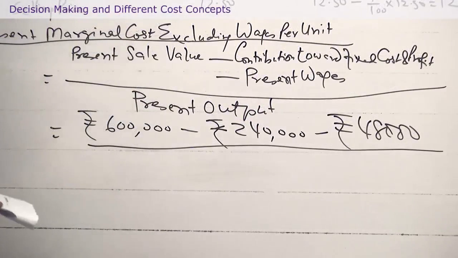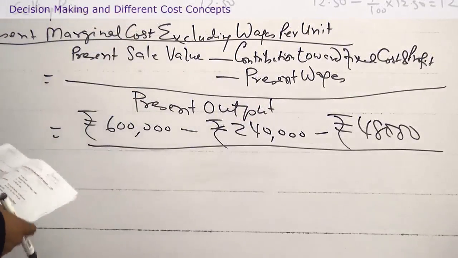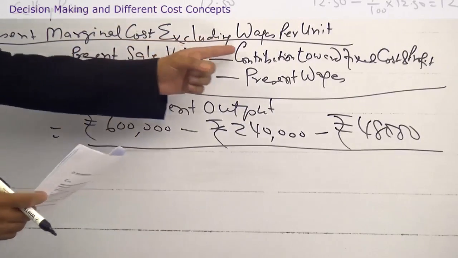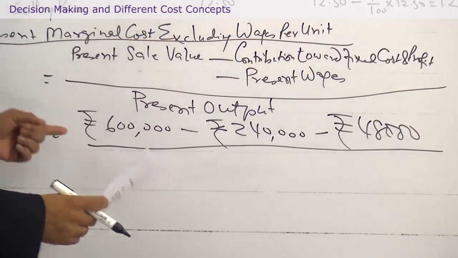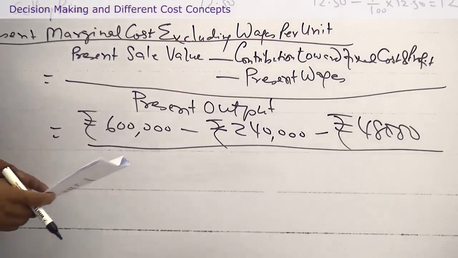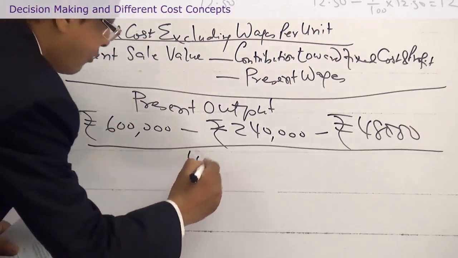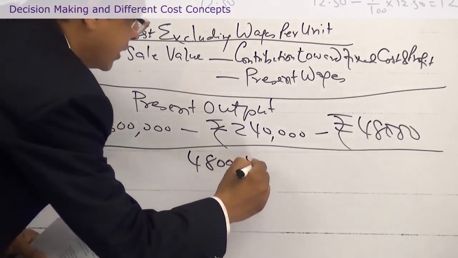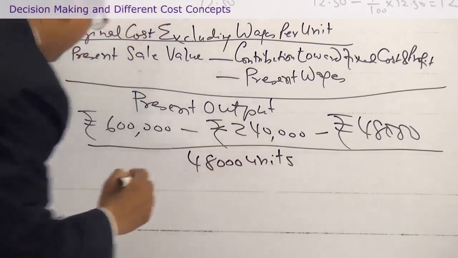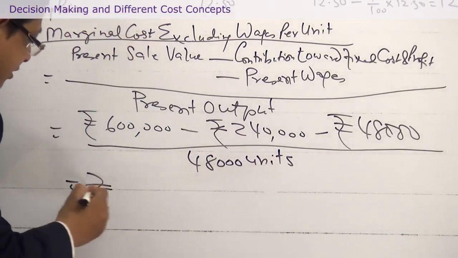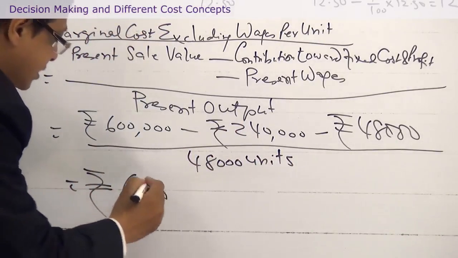Here we were calculating the present marginal cost excluding wages per unit. So numerator is with you. In the denominator you have to write 48,000 units, because this is the weekly production. This is going to give me per unit rupees 650.